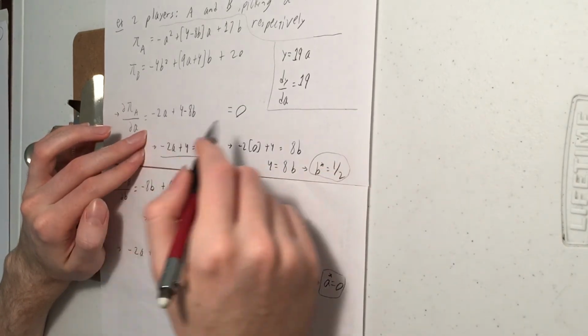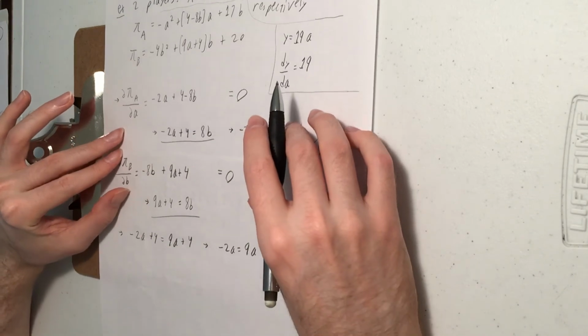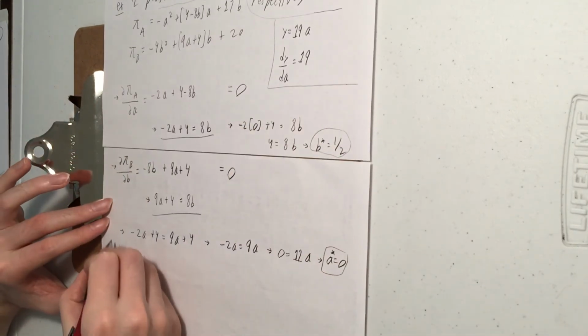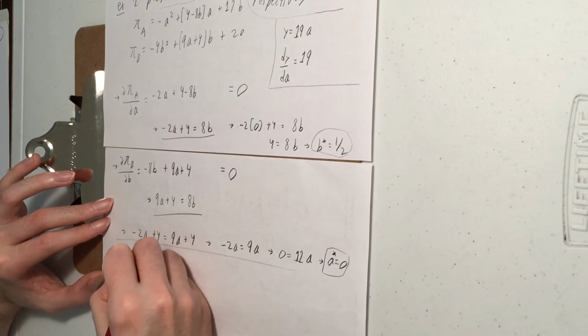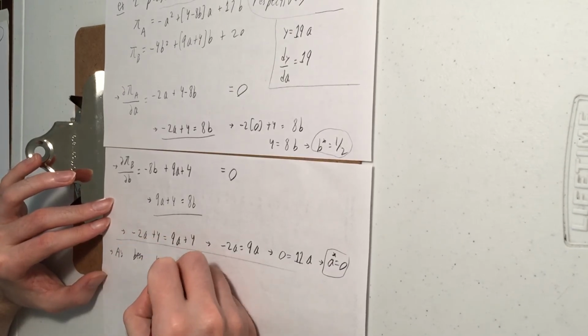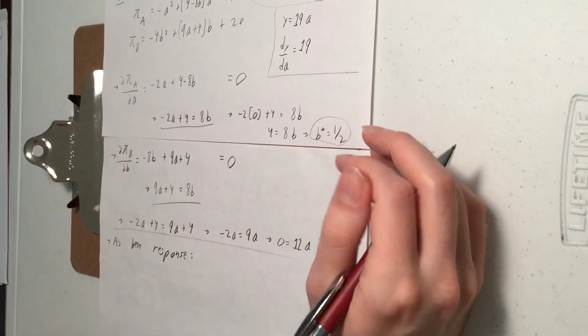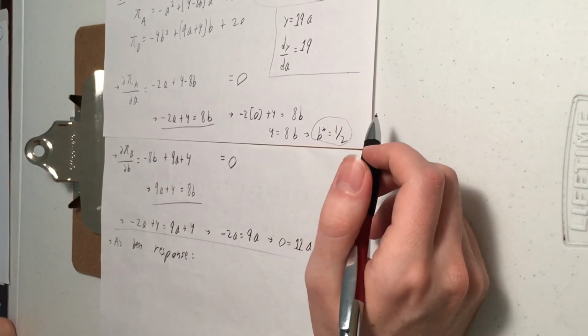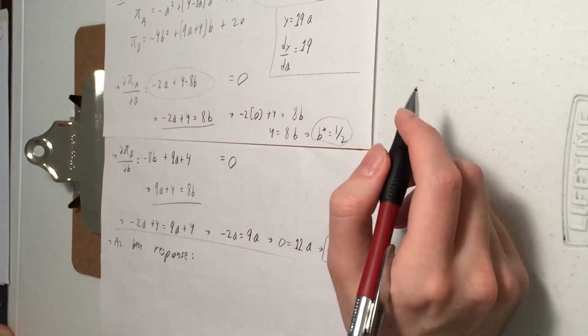So I rewrite this for A as a function of B. So how do I do that? I've got to isolate the A. You've got to take this and do some rearranging.